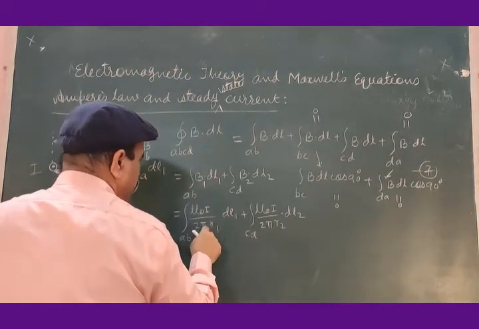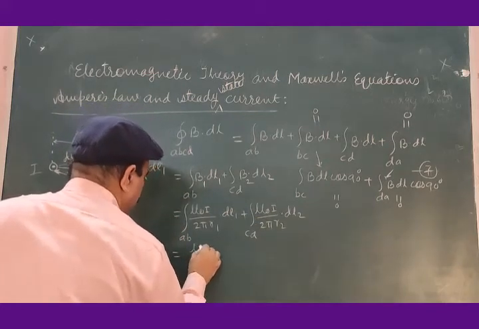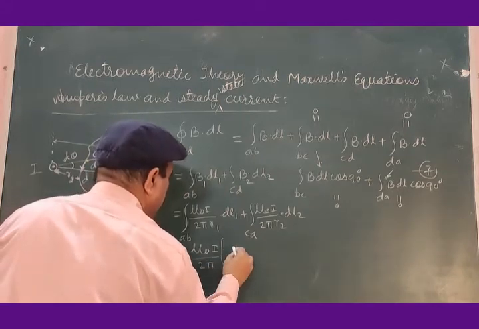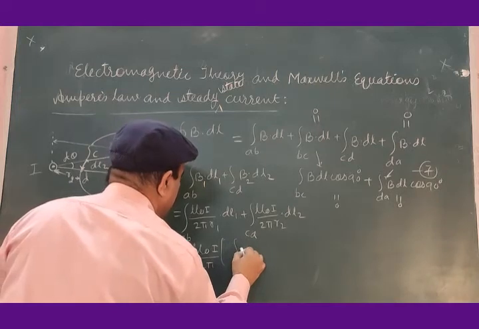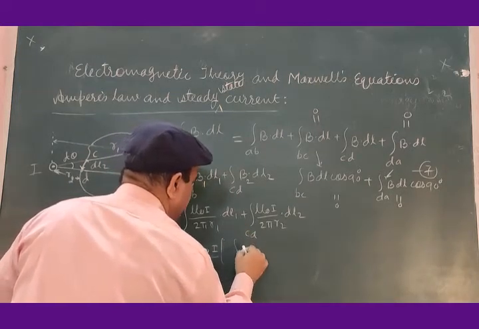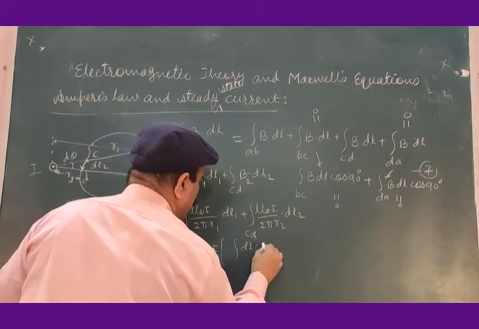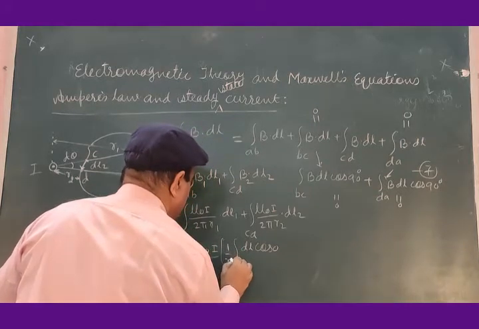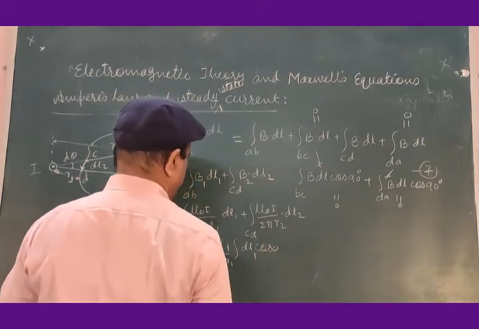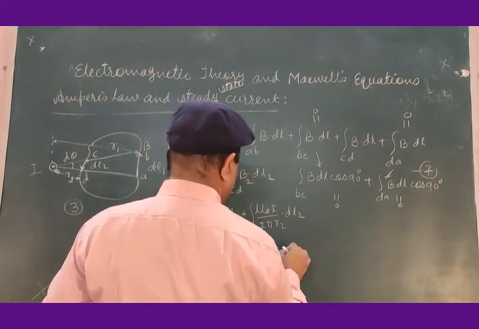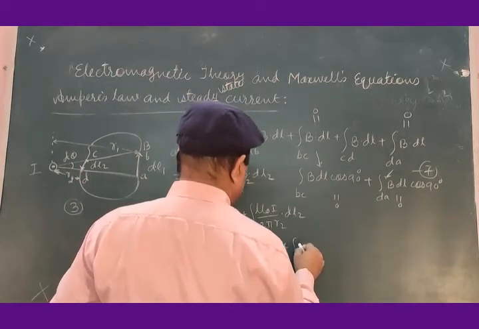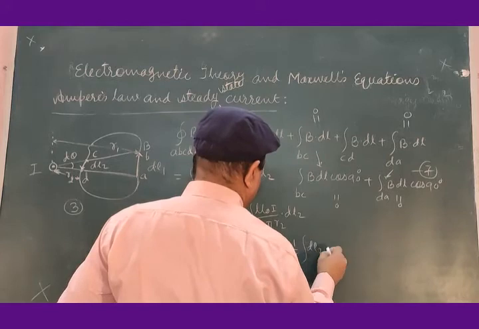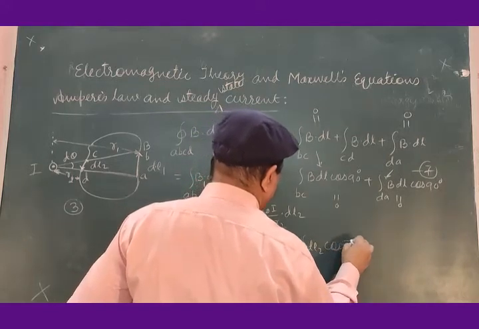Let me take mu 0 I by 2 pi common for both these terms. For the first one, dl1 into cos 0 into 1 by r1 plus 1 by r2 dl2 cos pi.